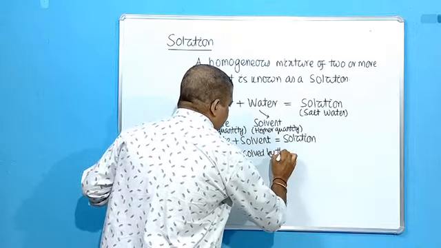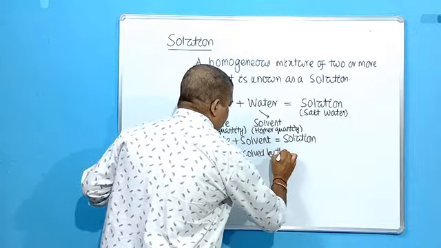Then there is a limit. Suppose I tell you to keep on adding salt to 1 glass of water. There is a limit to it. How much salt can be added to a given quantity of water, let us say 100 grams of water? If 25 grams of salt can be added to 100 grams of water, then 25 is the solubility.